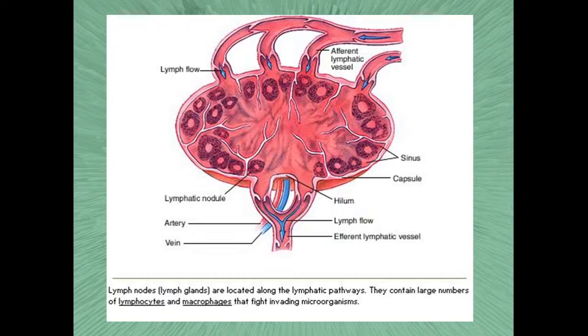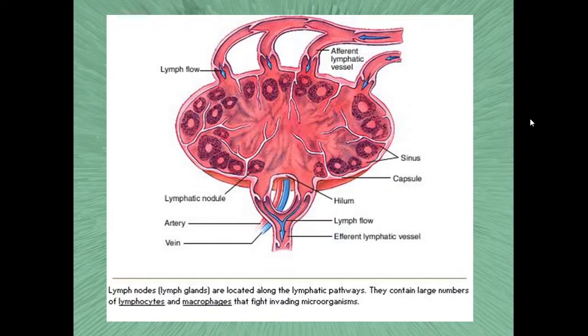Quite often students confuse subcapsular with subscapular. I'll remind you, scapula is the bone, capsule is the outer layer of the organs, in this case the layer covering the lymphatic node. That's why the sinus is subcapsular.